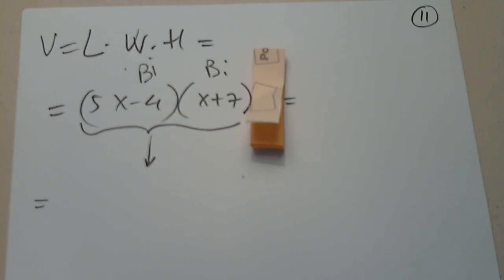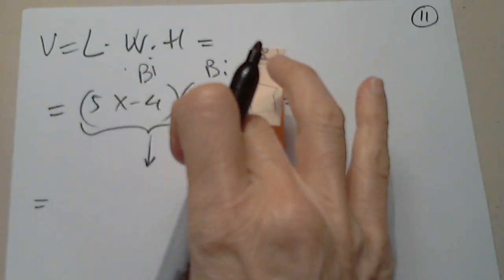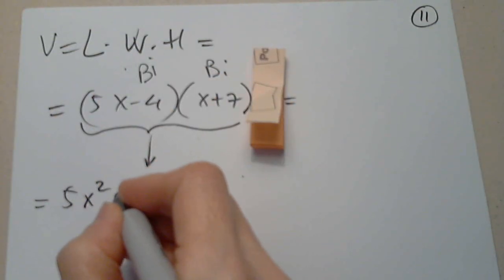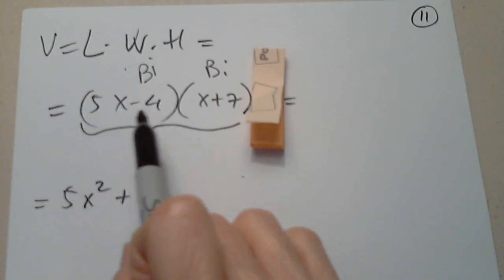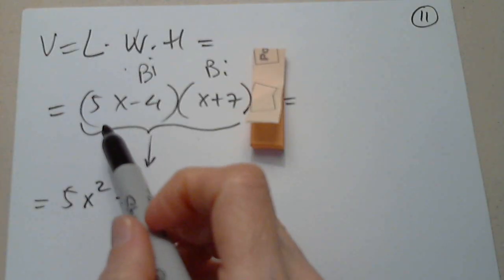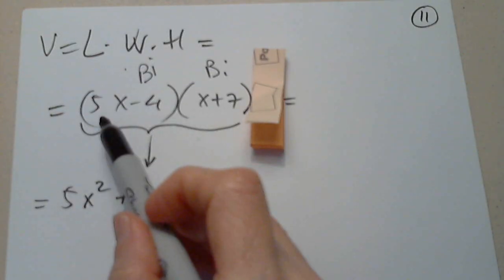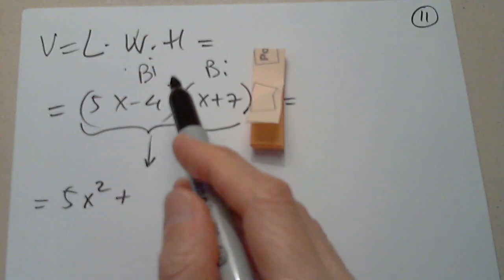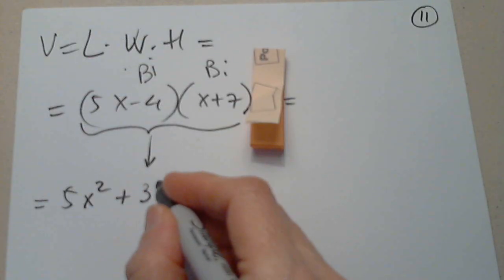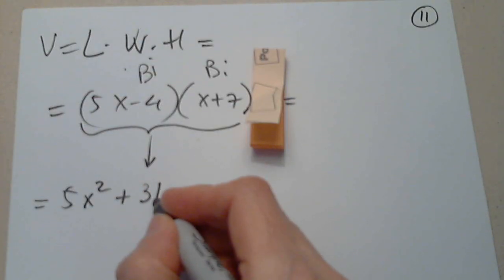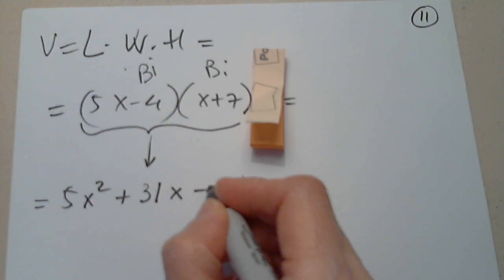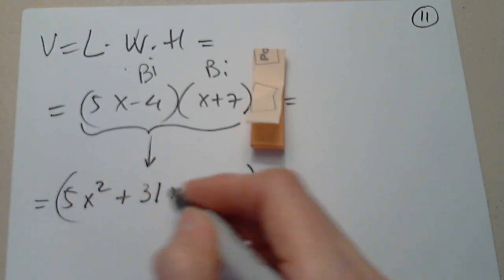You say you want the answer? Yes. It's 5x squared plus 39x plus 28. I think it's 35 minus 4. I think it's 31. I could be wrong.